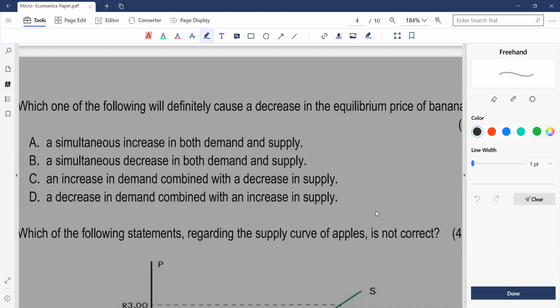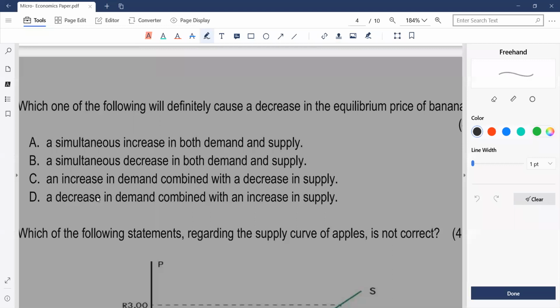C says an increase in demand combined with a decrease in supply. Price increases, so it doesn't work.